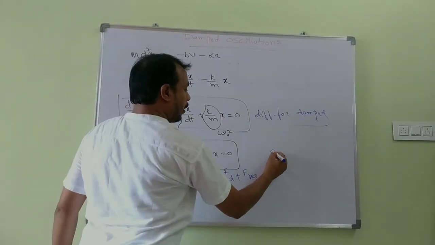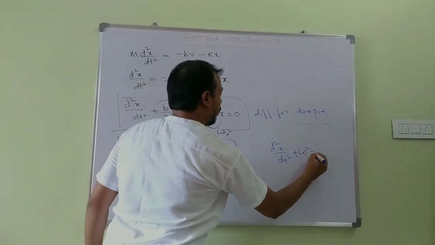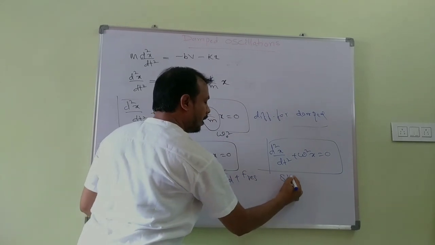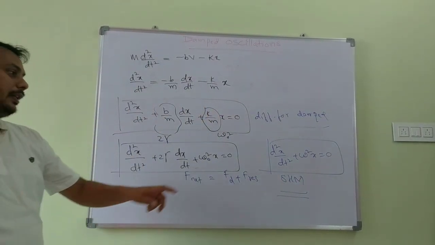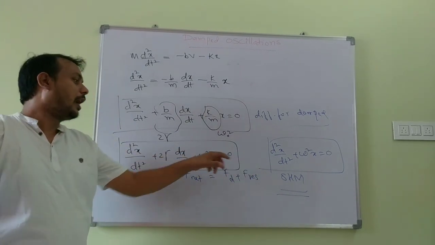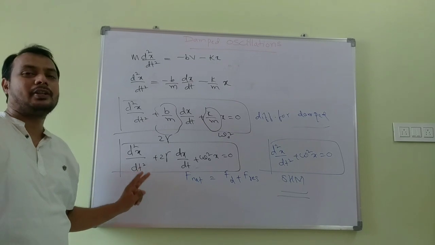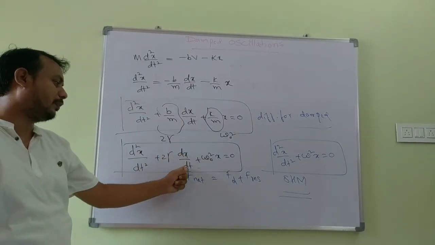We already know one more equation, d square x by dt square plus omega square x equals 0. This is the fundamental differential equation for simple harmonic motion. So remember these two differential forms. The first one is for damped oscillations, with the extra factor 2 gamma dx by dt.